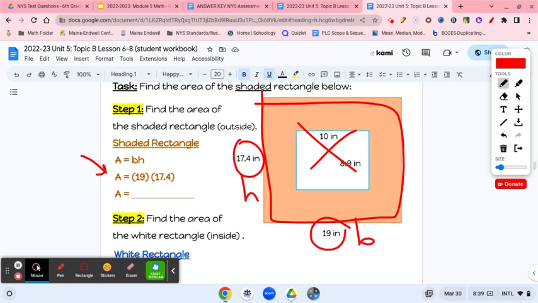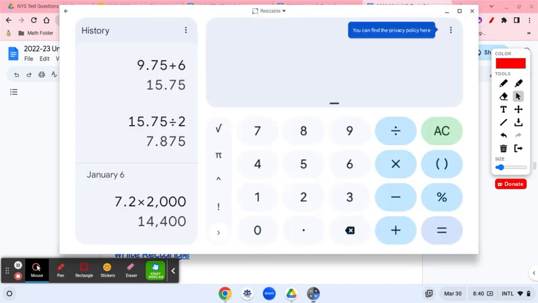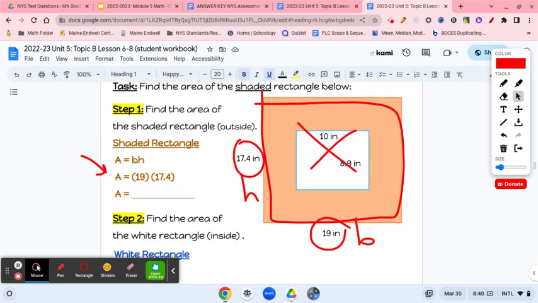So step 1 is finding the area of the entire thing. I do 19 on my calculator times 17.4, and I get 330.6 inches squared.